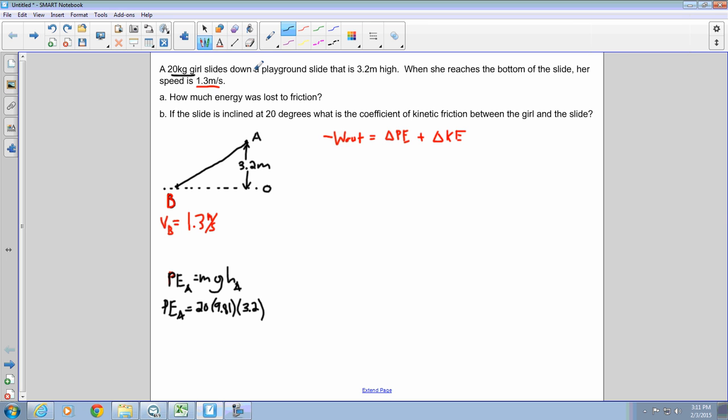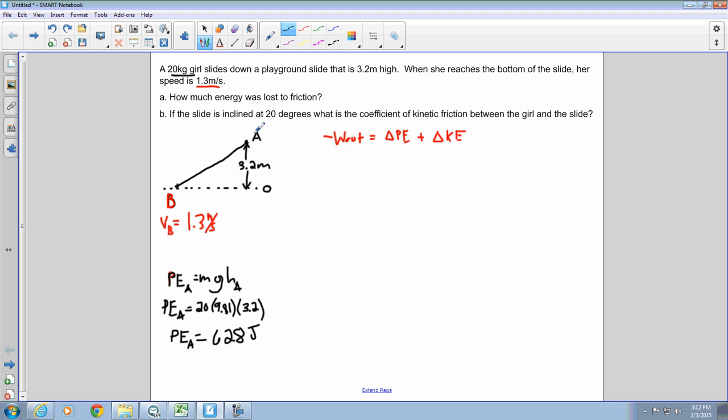So potential energy at A is equal to 628 joules. That's the potential energy at A.